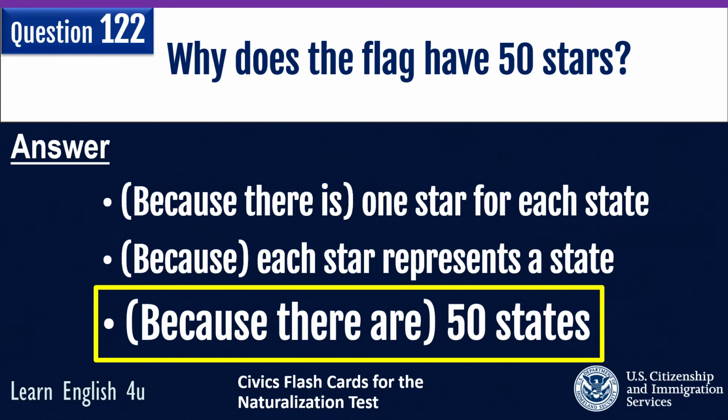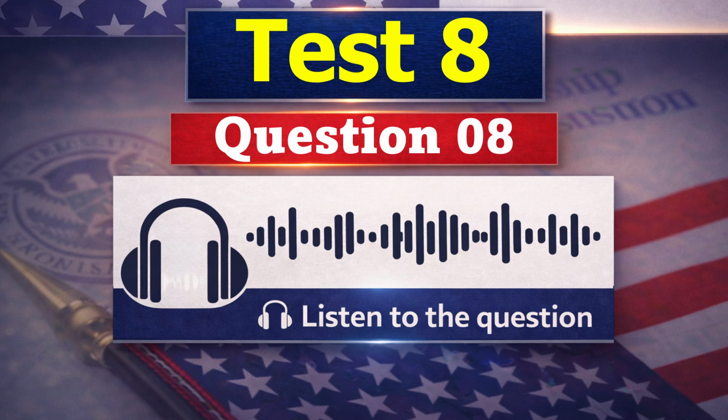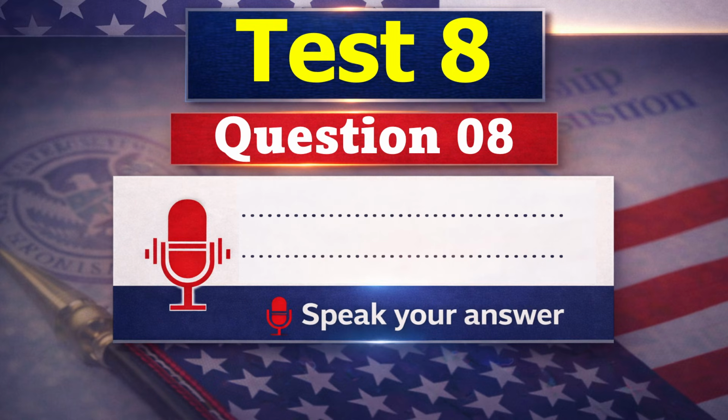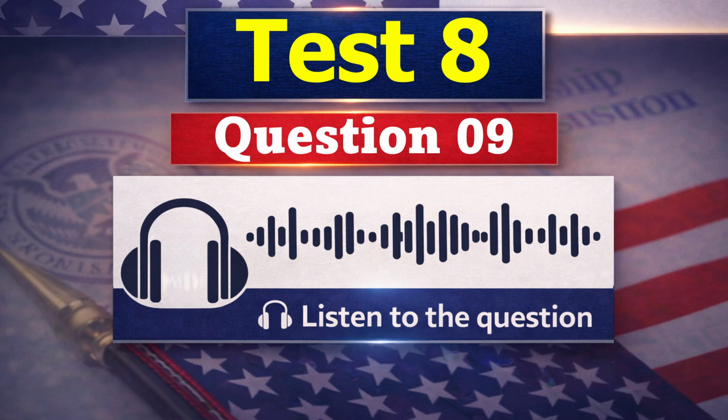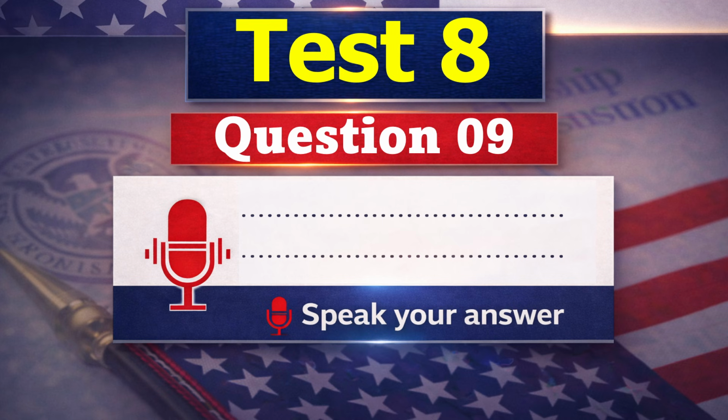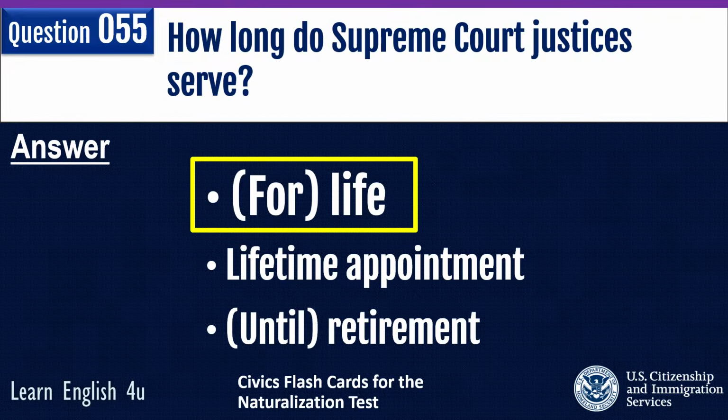Because there are 50 states. The U.S. Constitution starts with the words, "We the people." What does "we the people" mean? Self-government. How long do Supreme Court justices serve? For life.